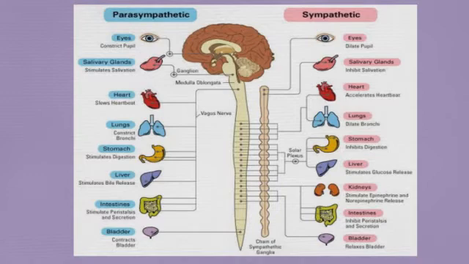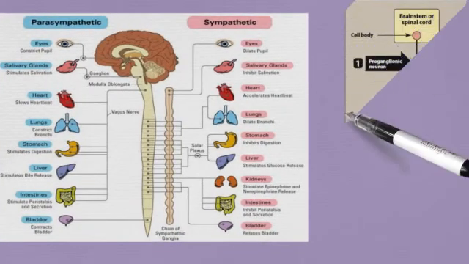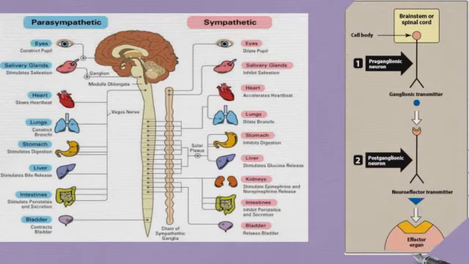Now we want to talk about the anatomy of the autonomic nervous system. You can see in this figure that the autonomic nervous system carries nerve impulses from the CNS, brainstem or spinal cord, towards the effector organs. The effector organs could be the heart, the intestine, or the glands, with the help of two efferent neurons: the preganglionic neuron and the postganglionic neuron.